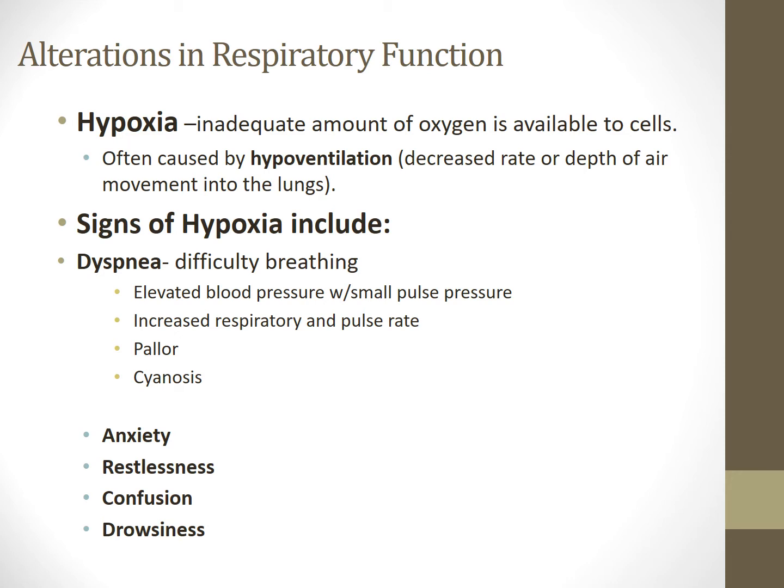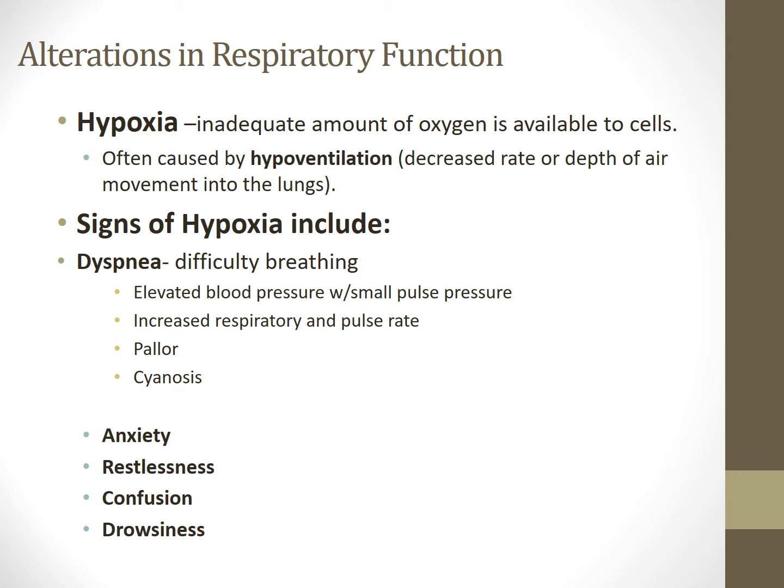Some signs of hypoxia include dyspnea, which is just difficulty breathing. With somebody having difficulty breathing, you may also see an elevated blood pressure. They're going to have an increased respiratory rate and pulse rate because they're working harder to try to get that air in.